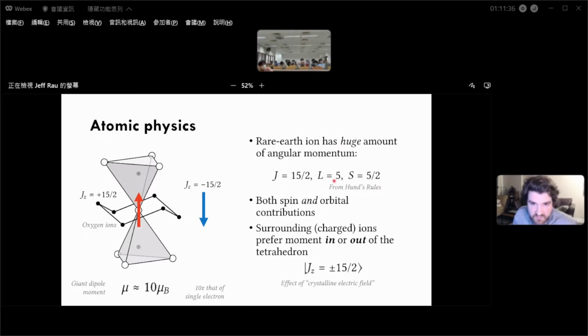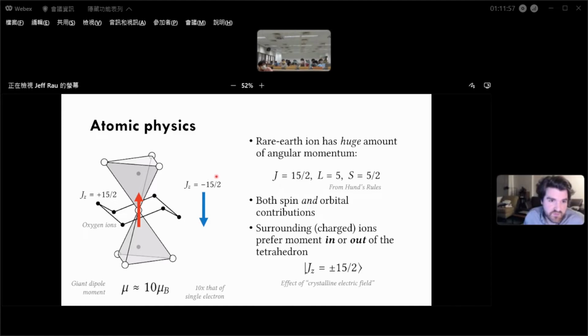So you actually get orbital angular momentum of 5, spin of 5½, and then spin-orbit coupling joins those together into a J of 7.5, so 15 halves. Okay, so that's a giant angular momentum. It's pretty much the biggest angular momentum you can get out of a single ion, and this is a combination of both the spin and the orbitals from the dysprosium.